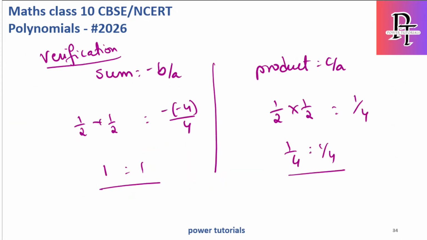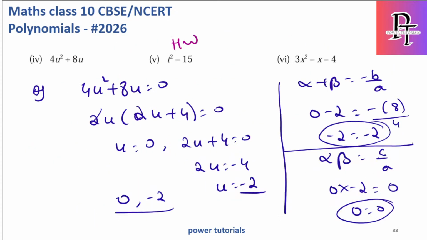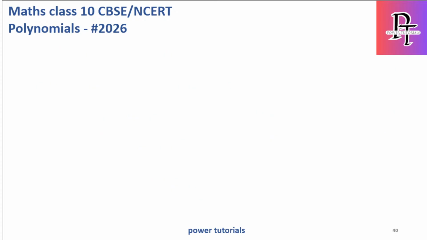Let's see another homework question. Okay, t square minus 15. Let's solve this. The question is t square minus 15.